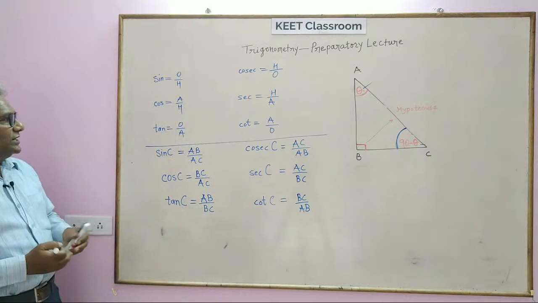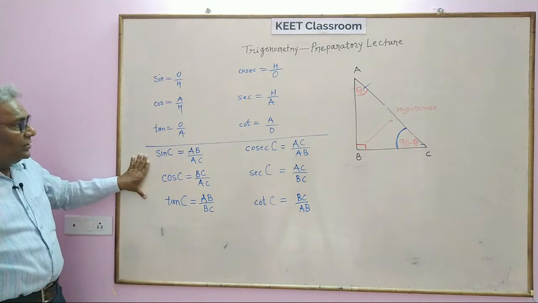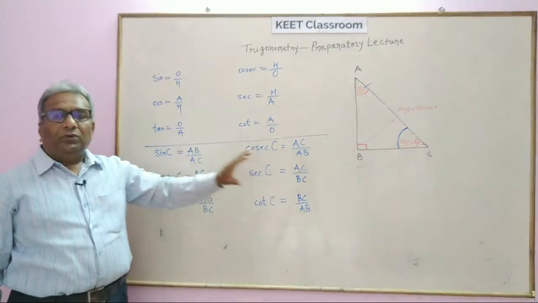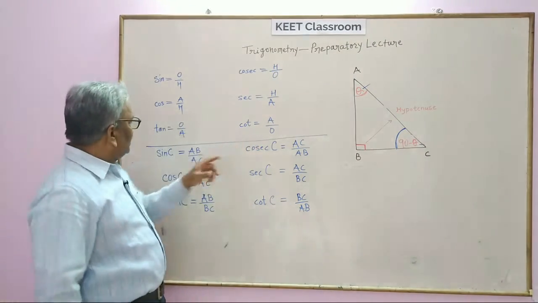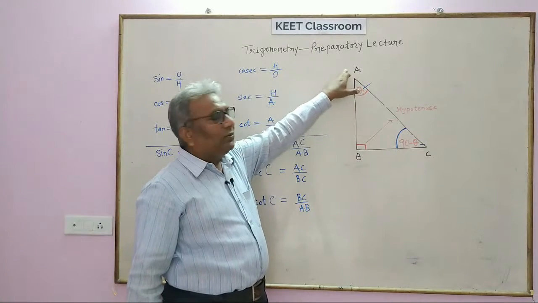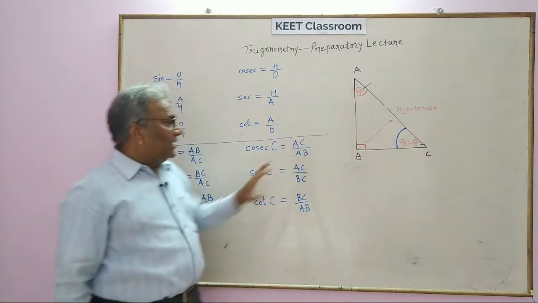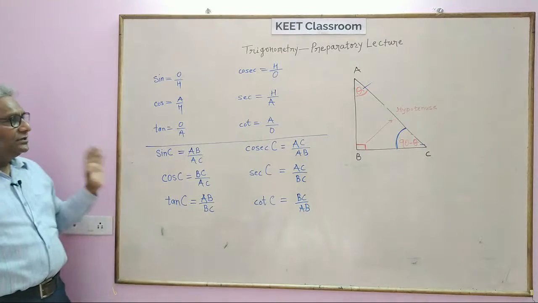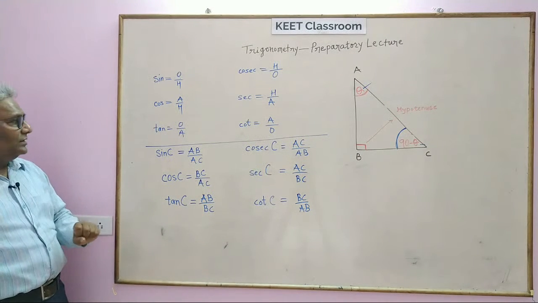So once you get these ratios, then we will compare these ratios with the ratios of the other acute angle, that is acute angle A. Now we will have a slight change here. Try to understand that very carefully.